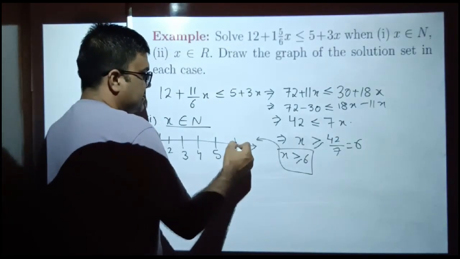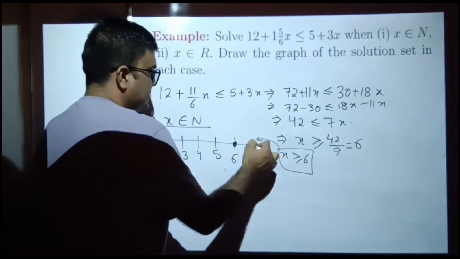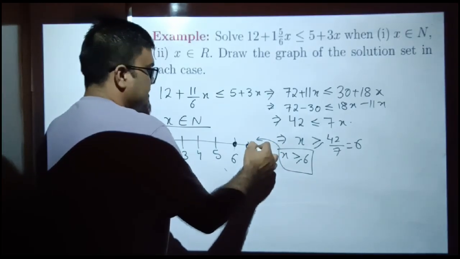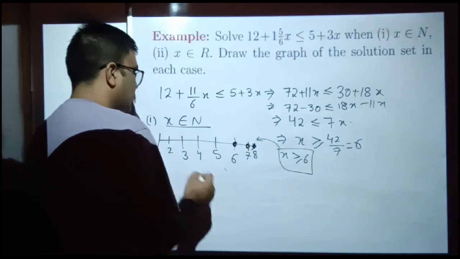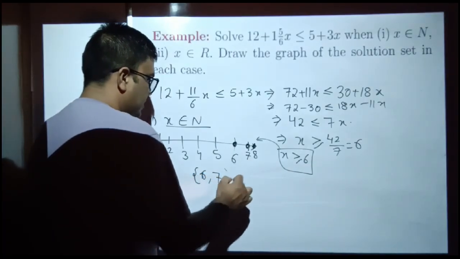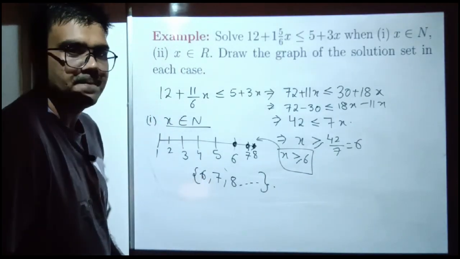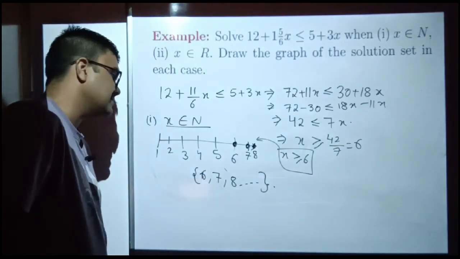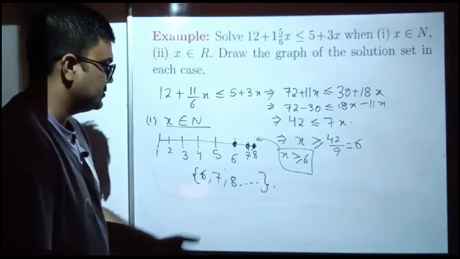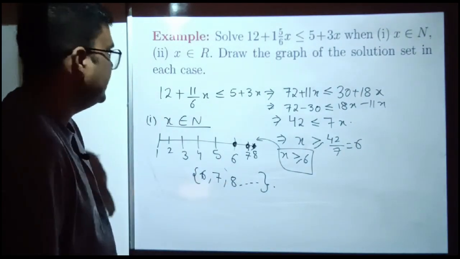It means 6 is the answer. 6 is included. 7 satisfies this. 8 satisfies this. So how we are going to write the answer? It is 6, 7, 8 and so on. So all natural numbers after this are included over here.